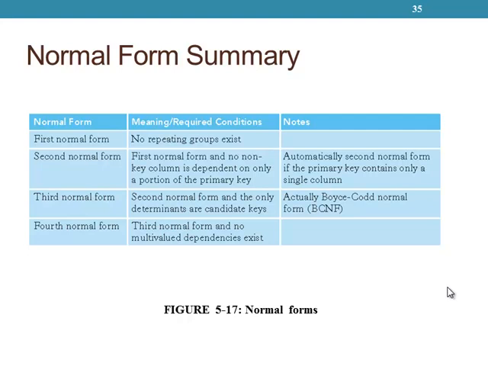So in general, here are some of the summaries. In first normal form, you have no repeating groups. Again, Access and SQL Server don't even allow you to put things in like this, where you could have multiple lines within one record. Second normal form: first you have to get to first normal form, and then you have no non-key column that's dependent on only a portion of your primary key.